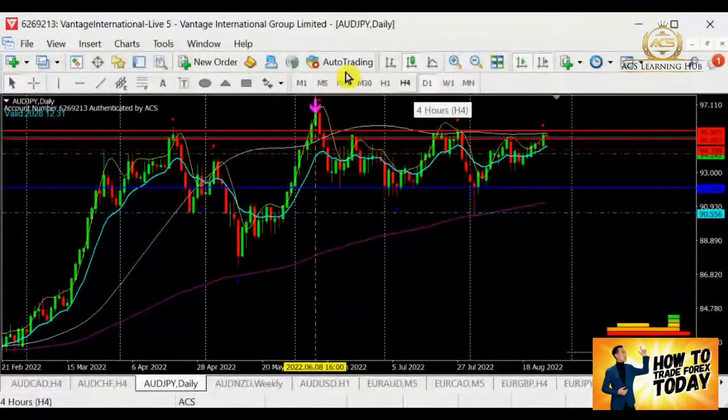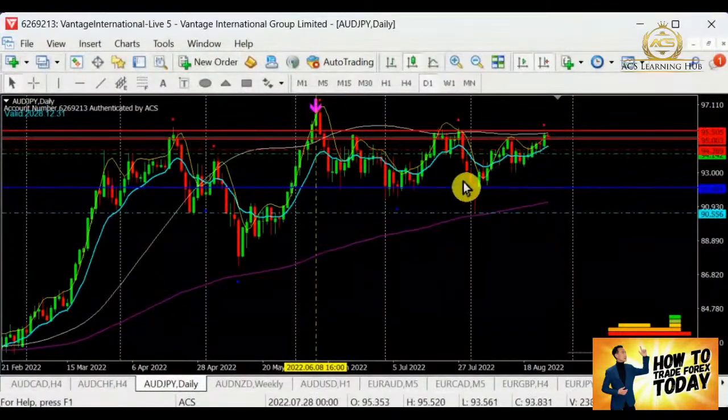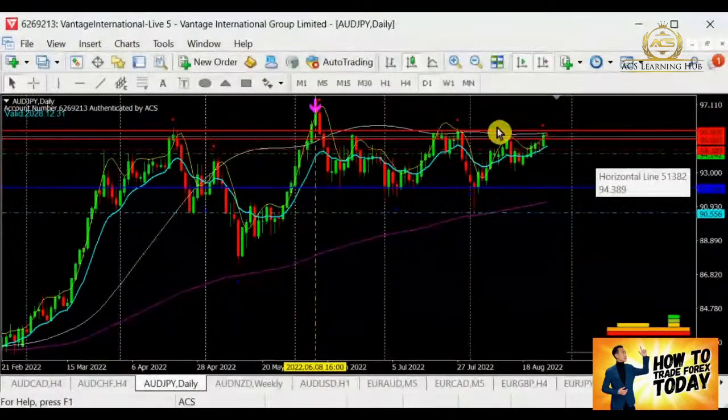For now, Aussie yen. For the past few days we have been looking out for selling. As for today, it's actually challenging the resistance. We are into the bear zone, so we are basically looking into selling.